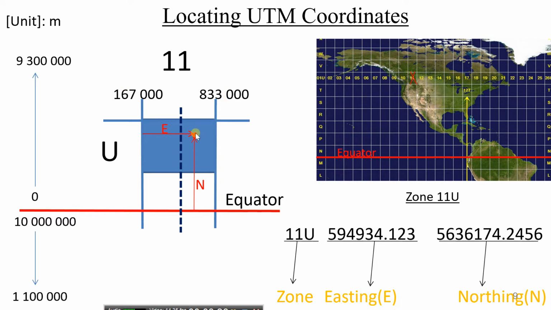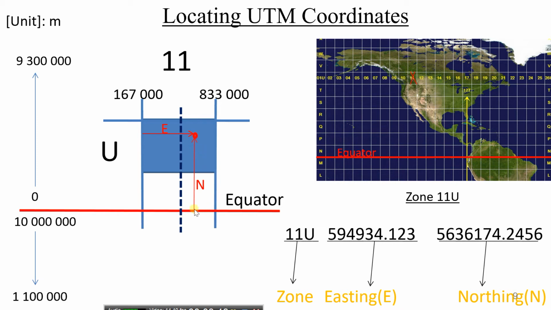So let's say this point of this location in this square, so easting and northing, you can see the value of easting E is between this value and this value. The value of N is from the equator.